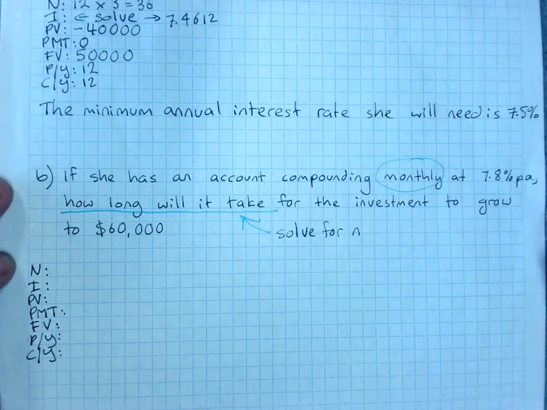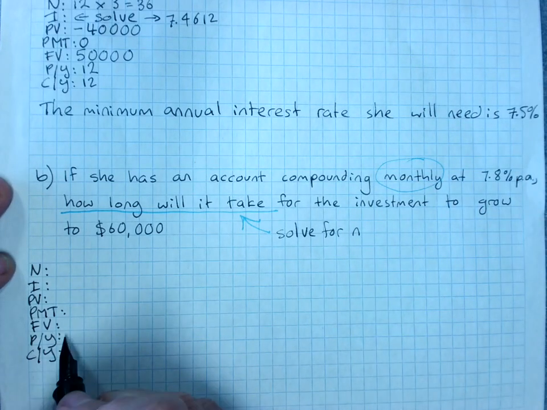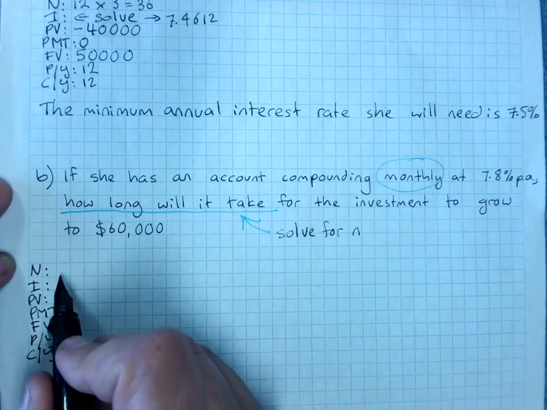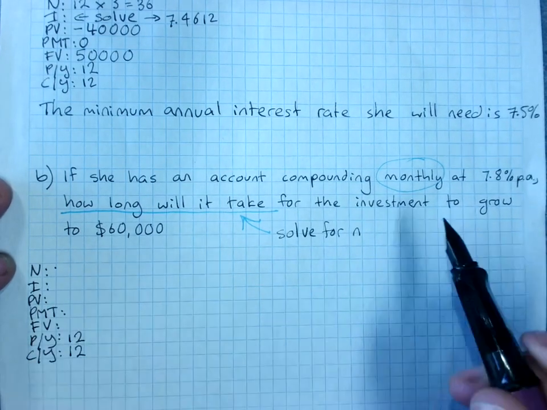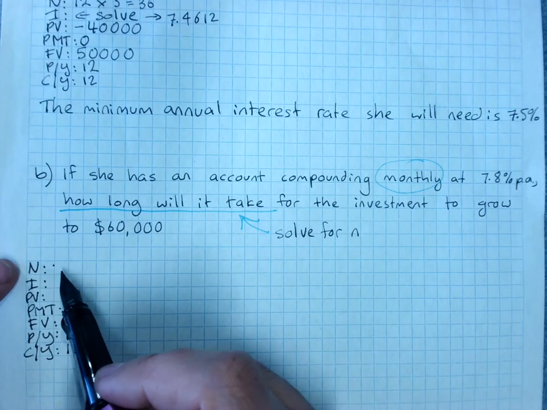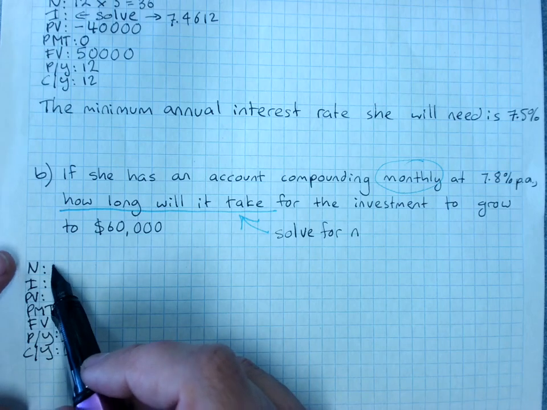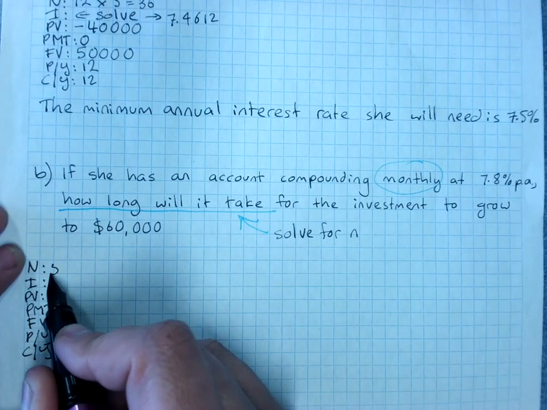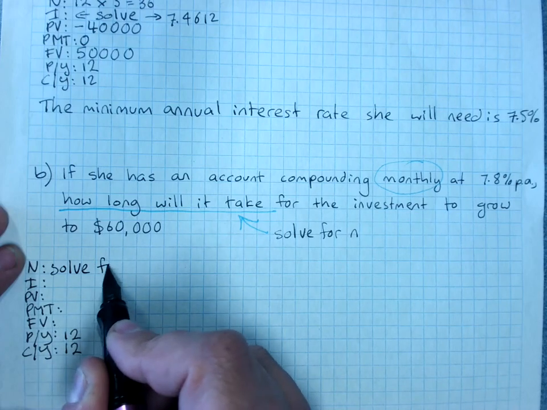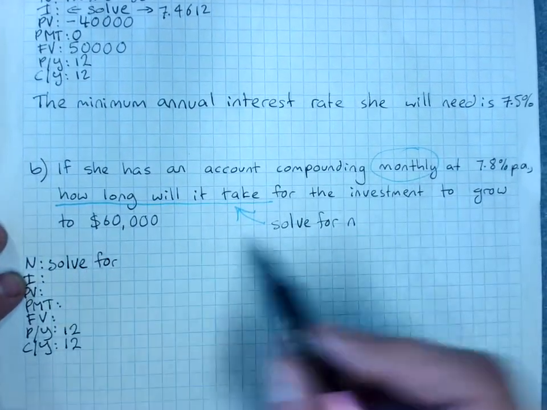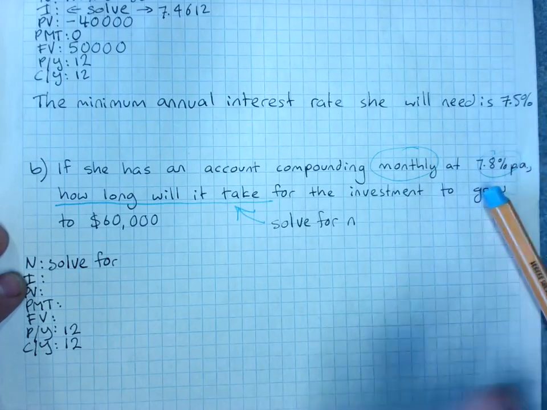Compounding monthly means that PY and CY are 12 because there's 12 months in a year, and N will be, now, we don't put 12 times anything here because N will be the thing we're looking for. We're solving for N.